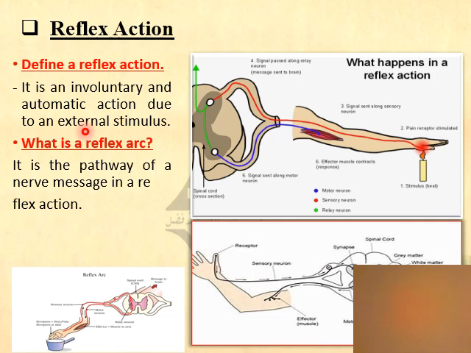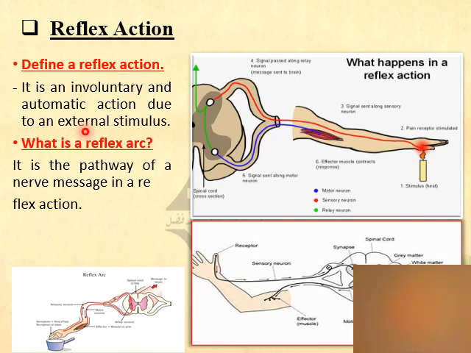So first of all, please be careful: the reflex action doesn't take place without a stimulus. When there is a stimulus, it is going to take place. And once it takes place, you have to know that it is involuntary, you do not think about it, and it is automatic and very rapid.